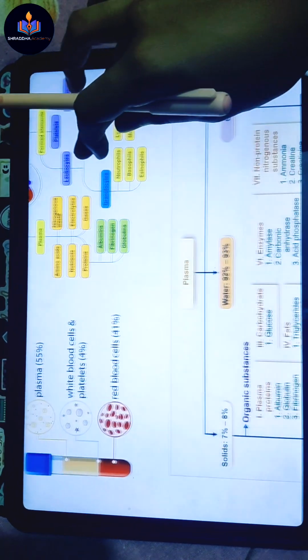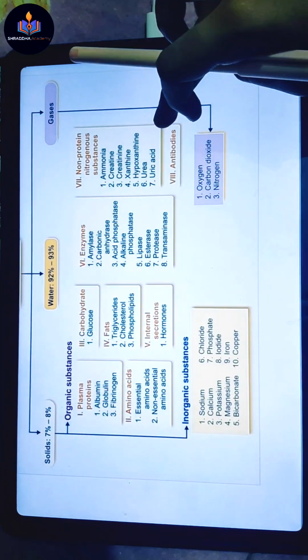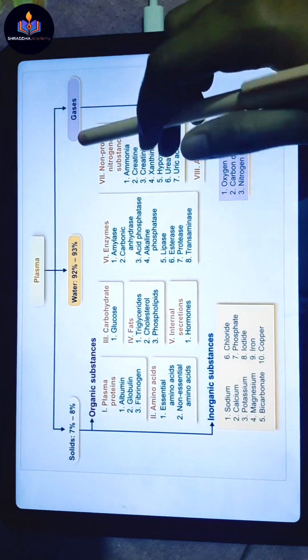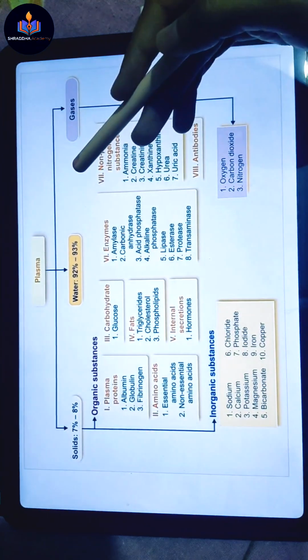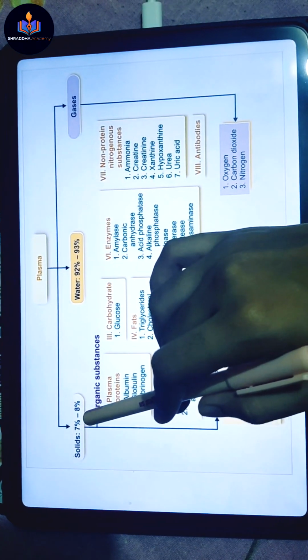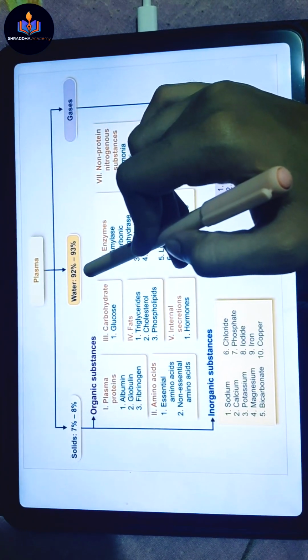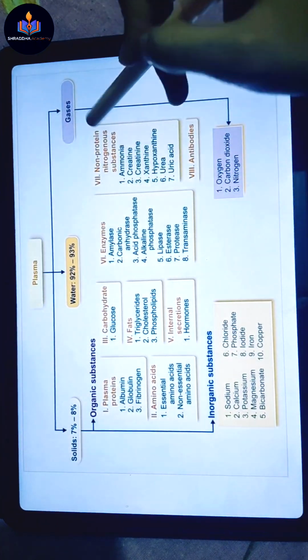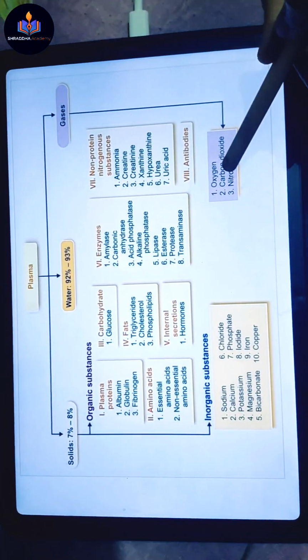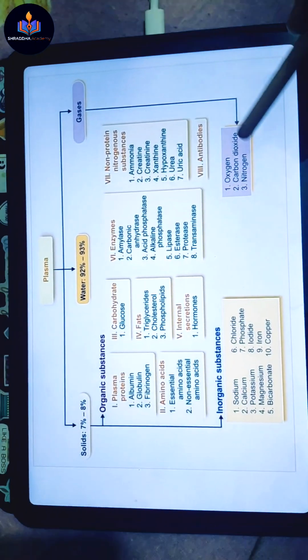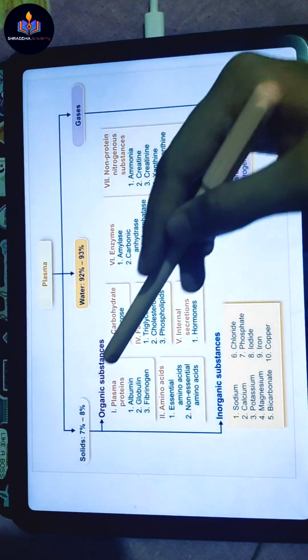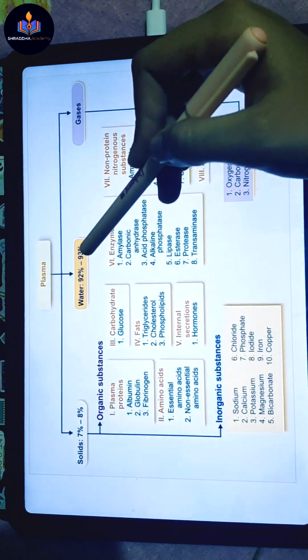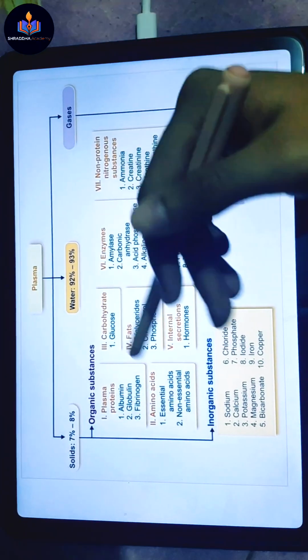Coming to this graph, this is the plasma, which is divided into three parts. Solids are 7 to 8%, water is 92 to 93%, and gases are only 3%. The gases are oxygen, carbon dioxide, and nitrogen. The water is 92 to 93%, and that is enough, so there is no further division of that.